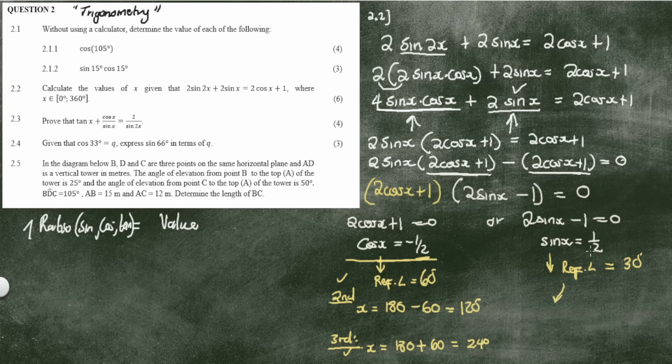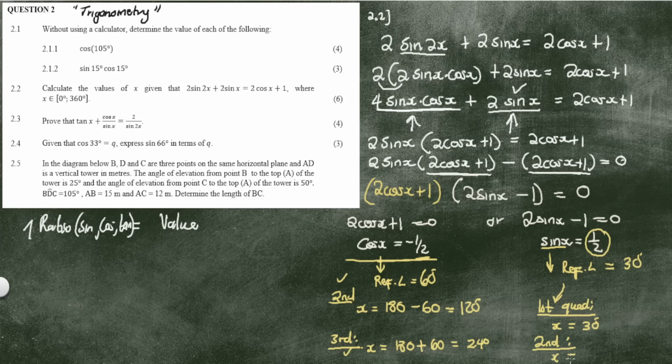Then doing the same thing, for the half of sine, sine is positive, so I'm looking for quadrants where sine is positive. That's the first quadrant. So x is equal to 30 degrees. And in the second quadrant as well, sine is positive.